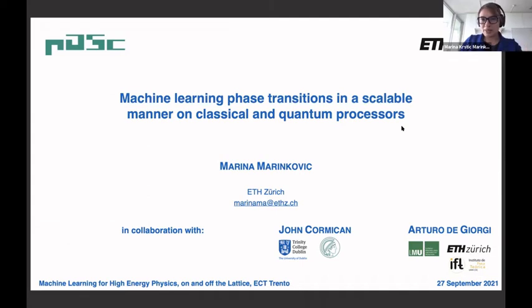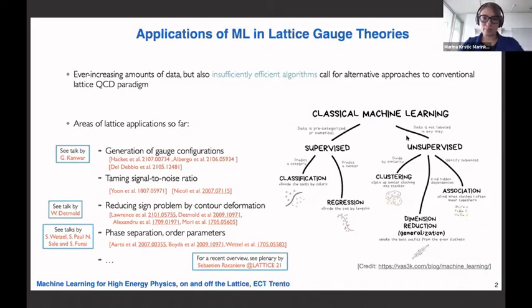So we've heard already this morning that machine learning has been applied successfully in a number of test cases in lattice gauge theories. And I list here only a few applications that I've managed to catch so far and that will be discussed in some talks.